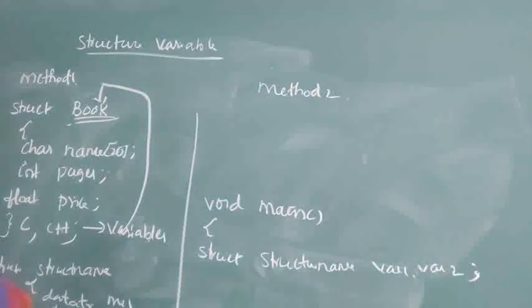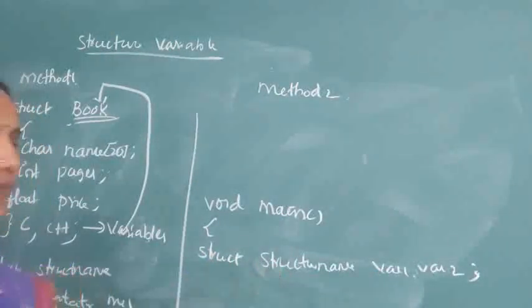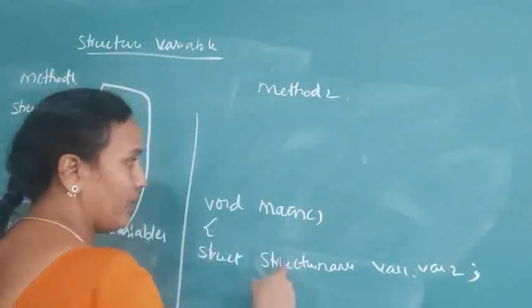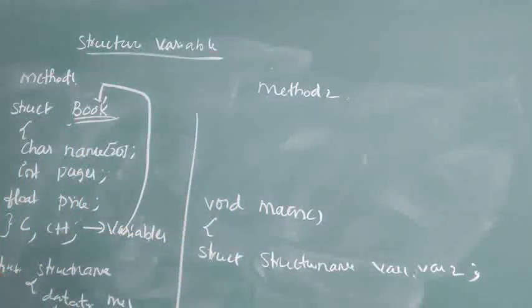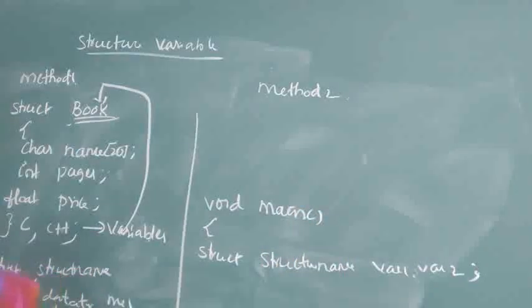You can declare n number of variables for this structure. But in this, before declaring a variable, the structure should be declared before the main function. So whatever these variables are, instead of declaring within the structure, I am declaring them inside the main method.